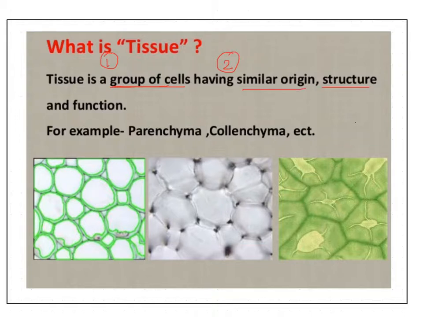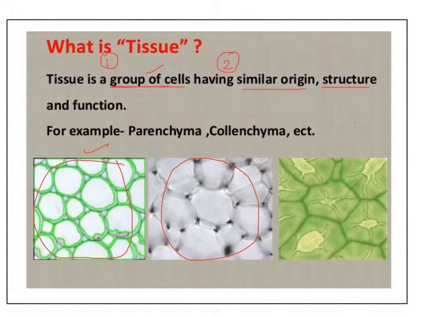Okay, as you can see in the picture, in the first picture you see all the cells, they look alike. First picture में आप देख सकते हैं कि जितने भी cells are there, they're similar to each other. In second also, all the cells, they're similar to each other, but the cells present in first picture are different from the picture of the second. Okay, so all of them, they are the group of cells.